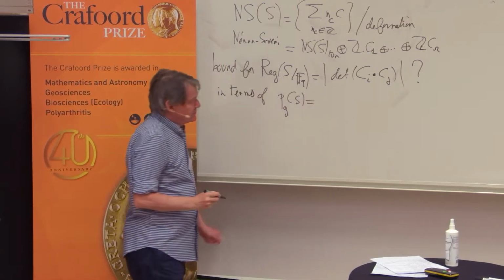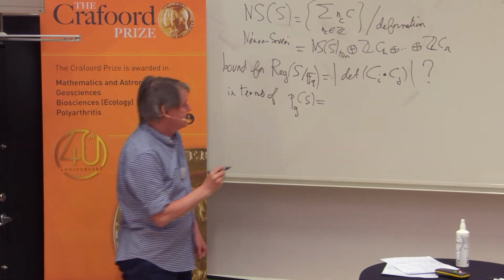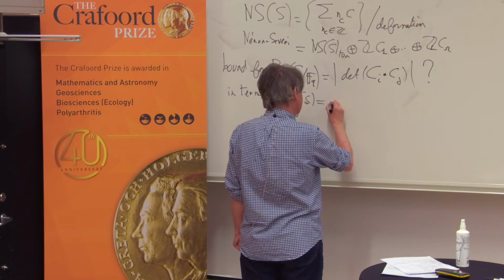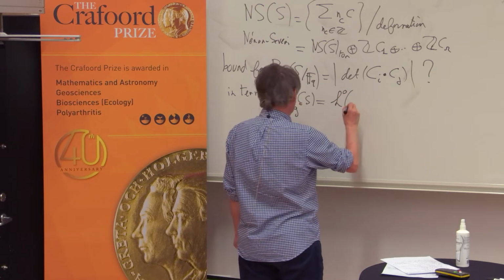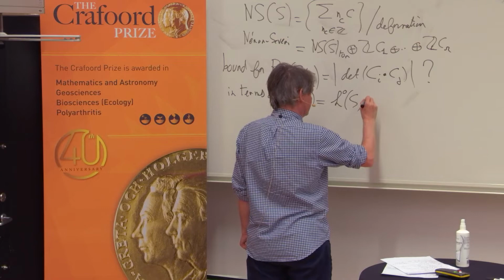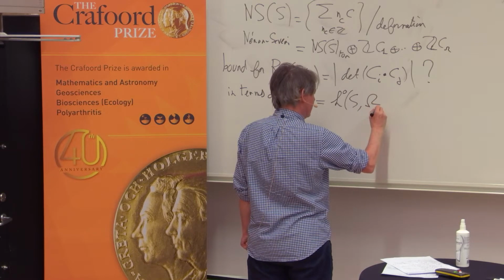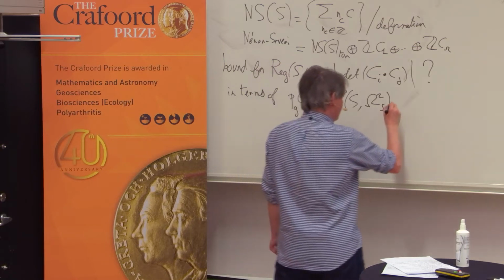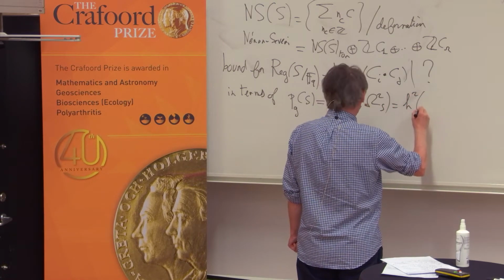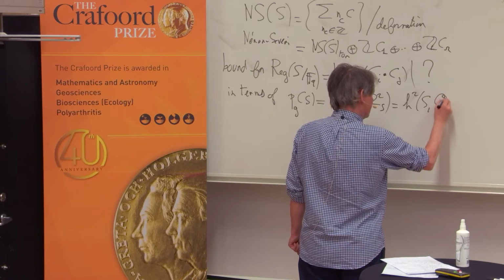So the geometric genus you can define as the first cohomology of the sheaf of differentials, omega 2 of S, or the H2 of S, O_S.